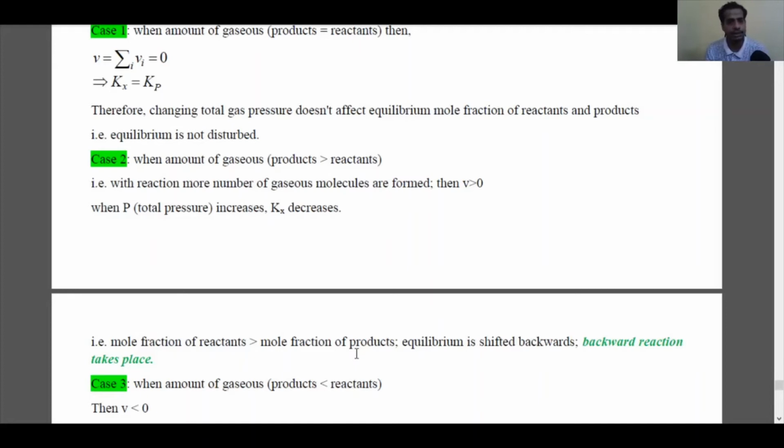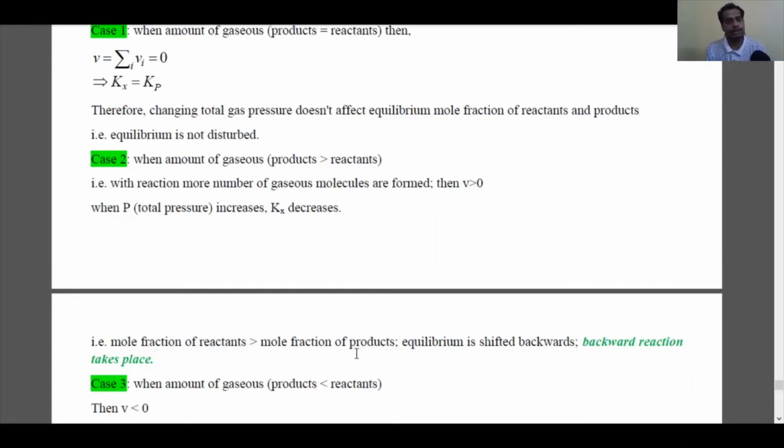We have studied Kx in detail in previous sessions, so I will not go into that. Kx decreases means the mole fraction of reactants will be more than that of products. That means equilibrium is shifted backward, the backward reaction takes place, and more and more reactants are forming.